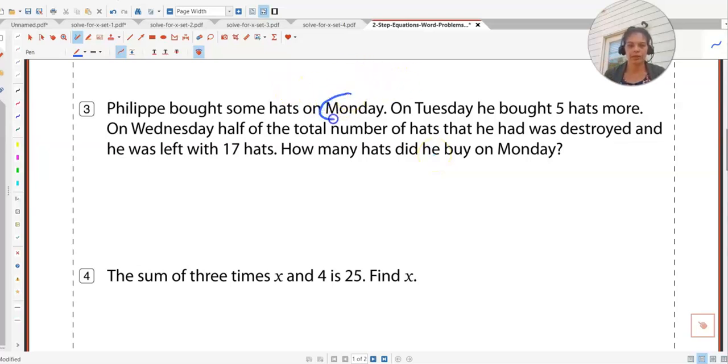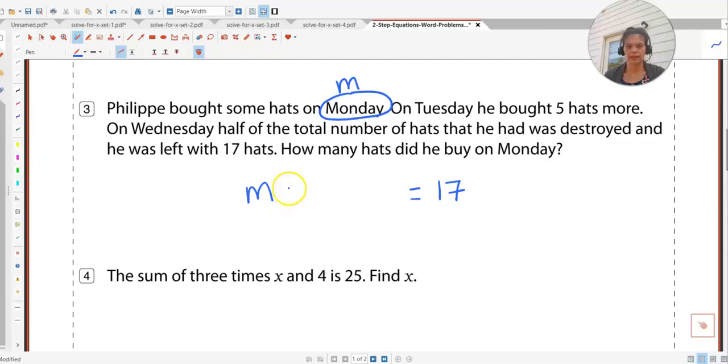So Monday is right here, and I'm going to substitute Monday with my variable m. And I know we're going to equal 17, that's our total, that's what he ends with. So it's going to be whatever expression ends in 17. So we have Monday, we don't know how many hats he bought on Monday. And then Tuesday, he bought 5 hats more than what was on Monday.